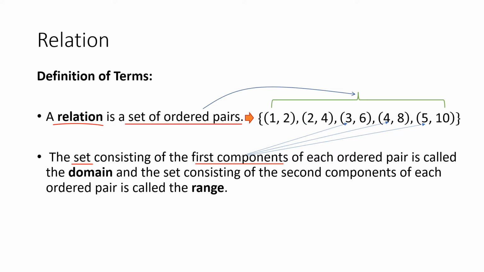Take note that for each ordered pair, the set of the first components is called the domain. And the set consisting of the second components, what are the second components of these ordered pairs?